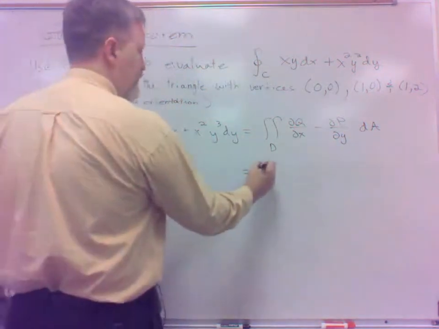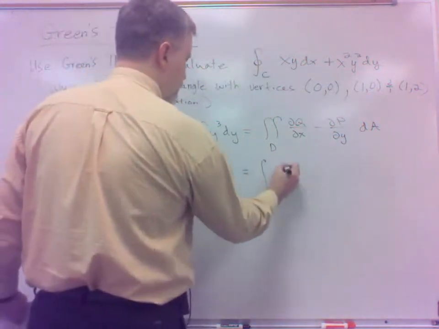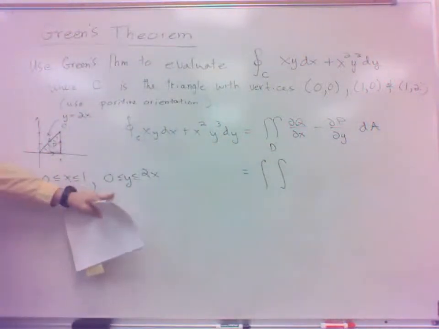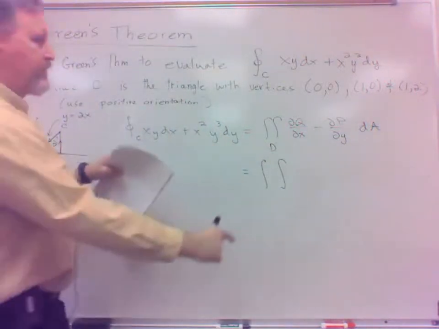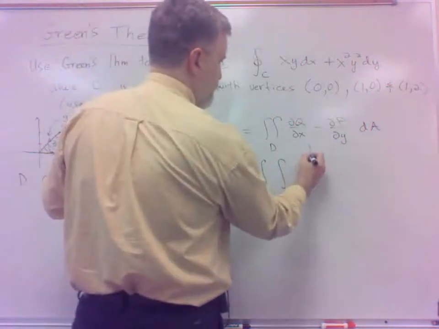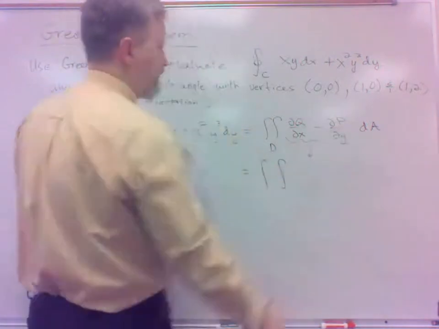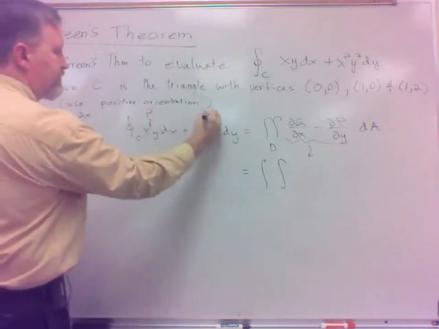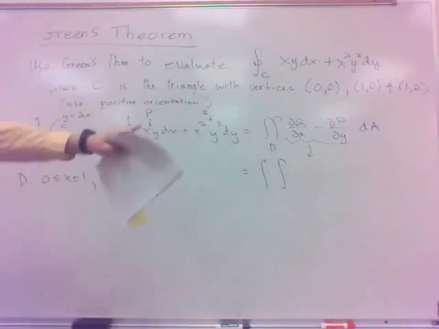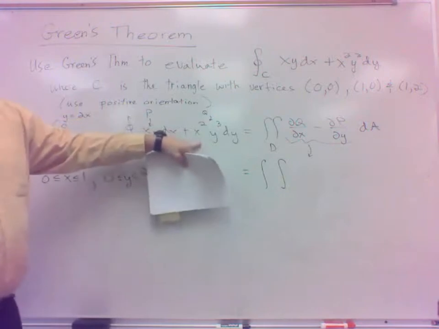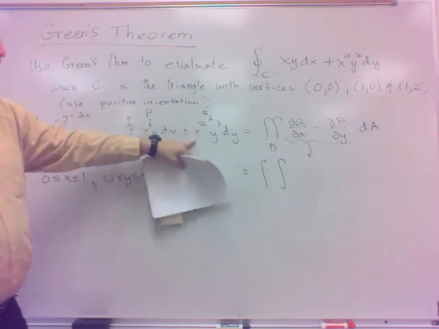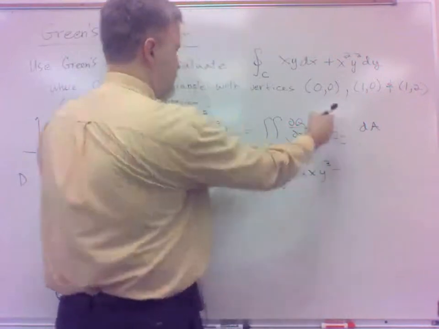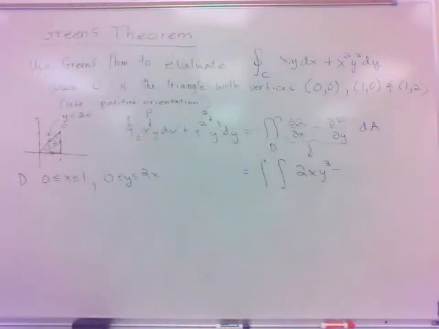All right, so this double integral, the way we've got it set up, we would need to do the derivative with respect to y. Well, let's get this part set up first. What would this part right here be? This is P. Remember, this is P, and this is Q. And so to go to the double integral, we want the partial of this with respect to x. So that would be 2xy cubed minus this one, partial with respect to y.